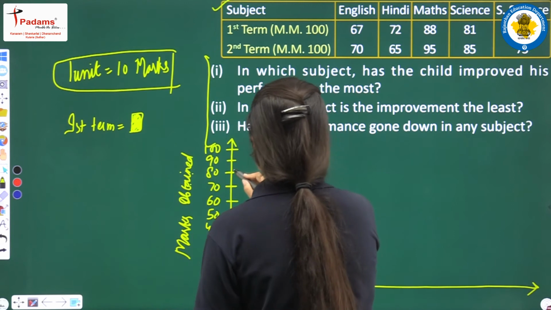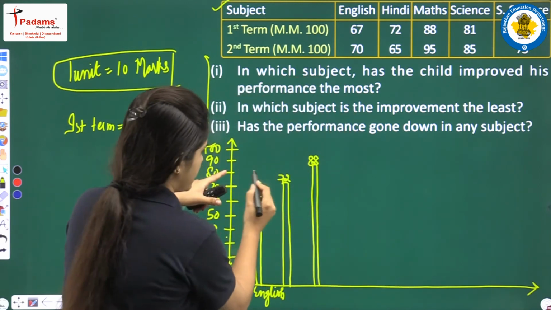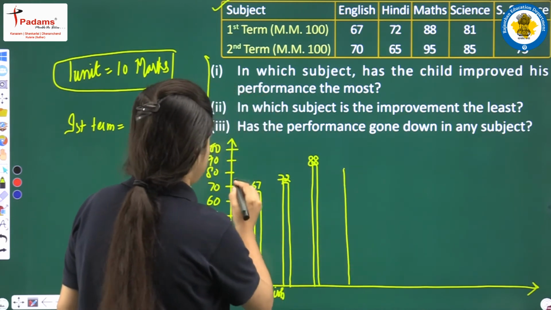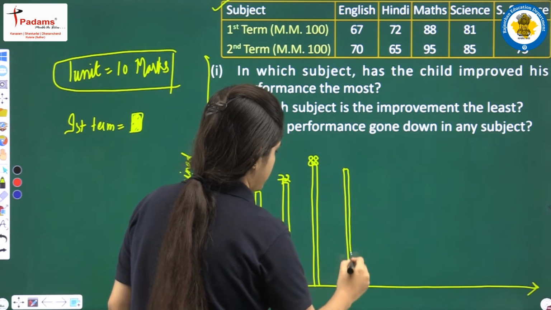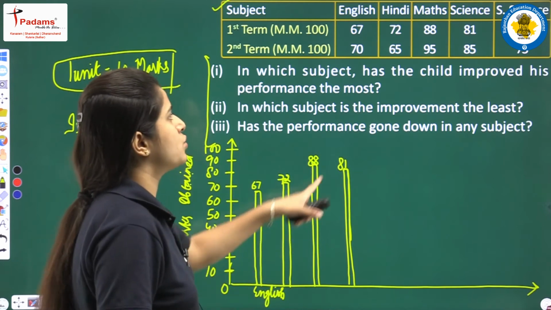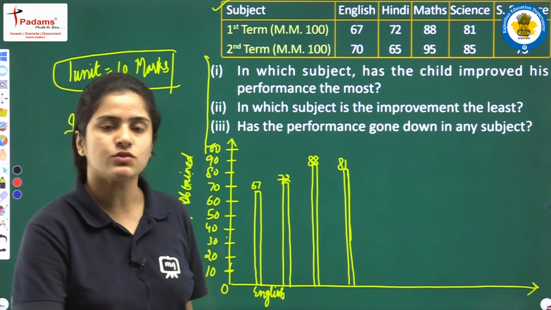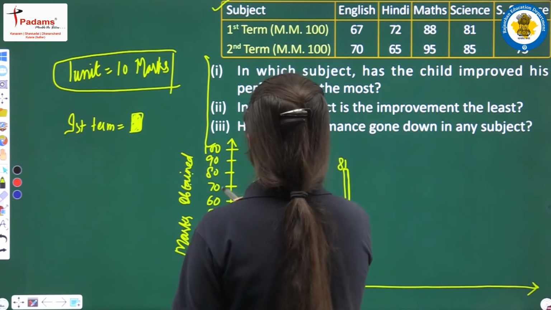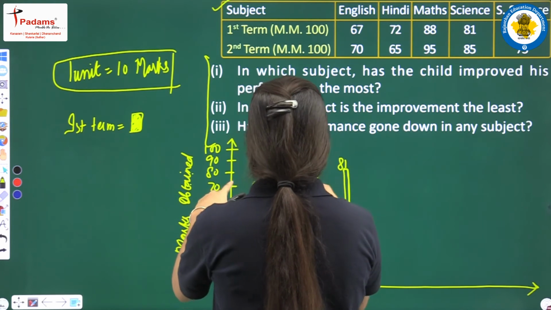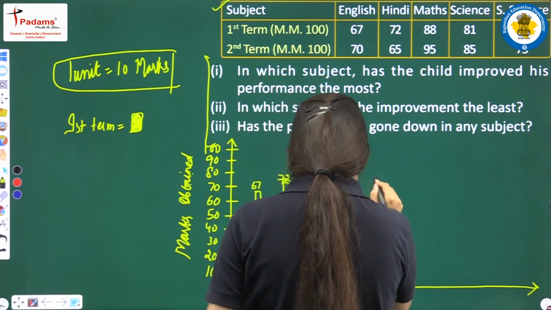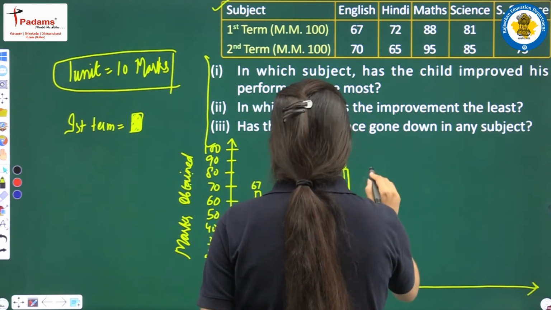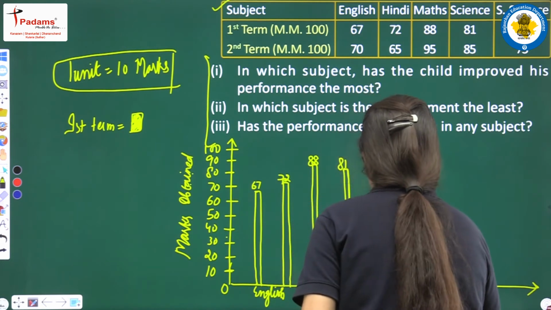Okay, 81 is lying close to here. Now students, in social science, he is getting 73 marks, very close to this place, slightly above 72. So 73 in social science.